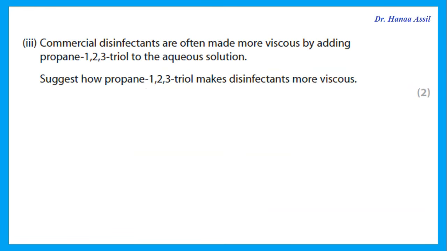Commercial disinfectants are often made more viscous by adding propane 1,2,3 triol to the aqueous solution. Suggest how propane 1,2,3 triol makes disinfectants more viscous. Viscous means the particles are attached to each other more strongly.